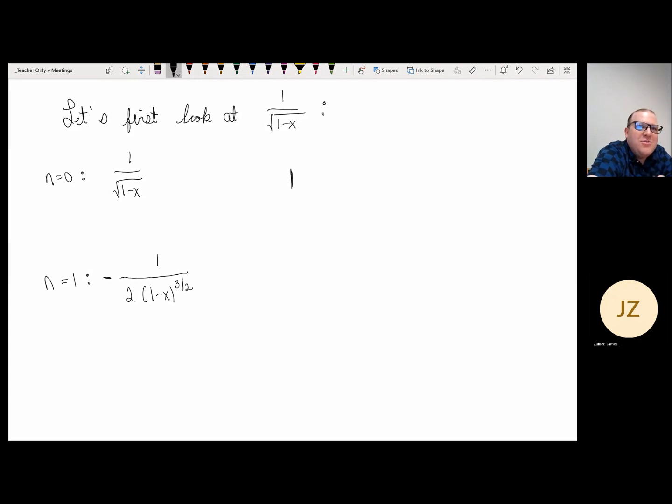Evaluate that at 0. Negative 1/2. Negatives wind up canceling each other out. Negative 1/2 and then the derivative of negative x.